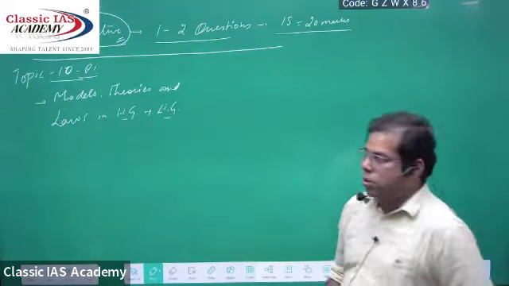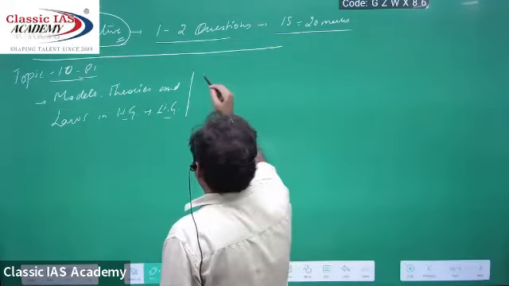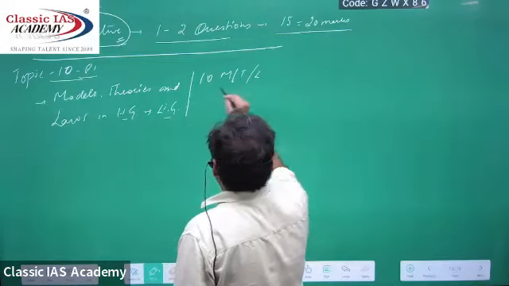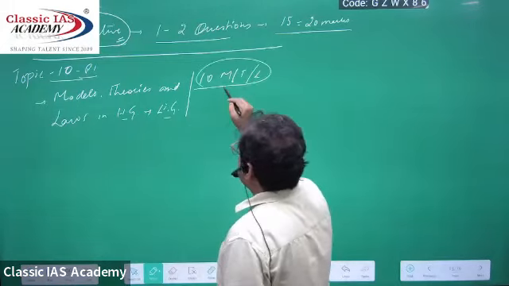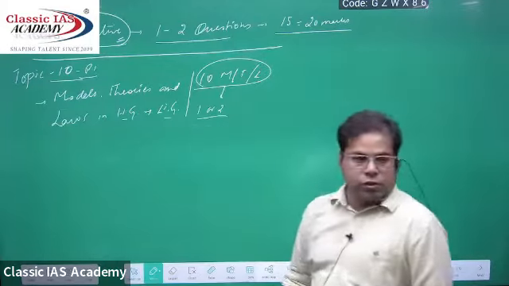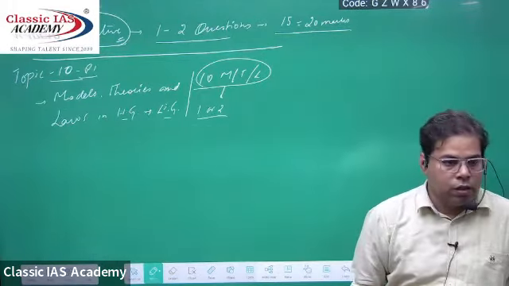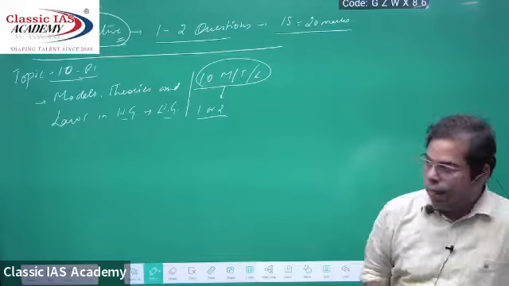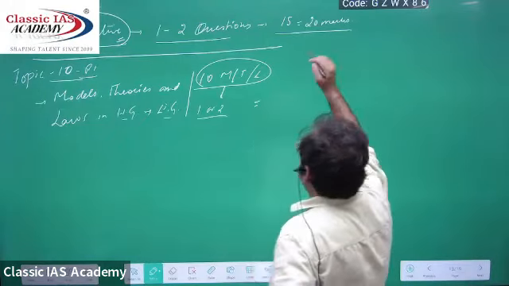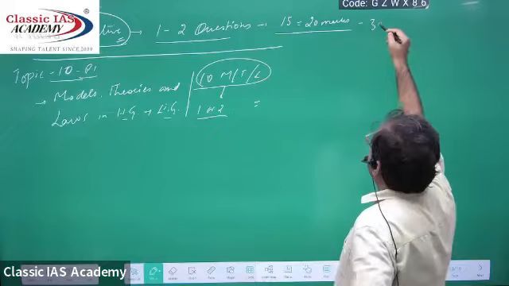There are about 10 models, theories, and laws. Out of these 10, one or a maximum of two questions are there. So this is about 25 to 30 marks. When two questions are there, it will go to 30 marks.